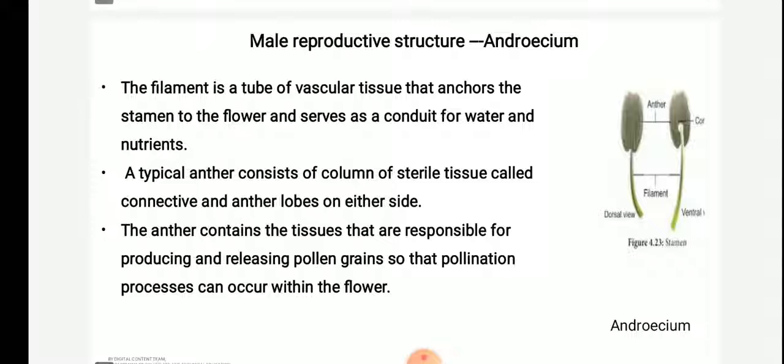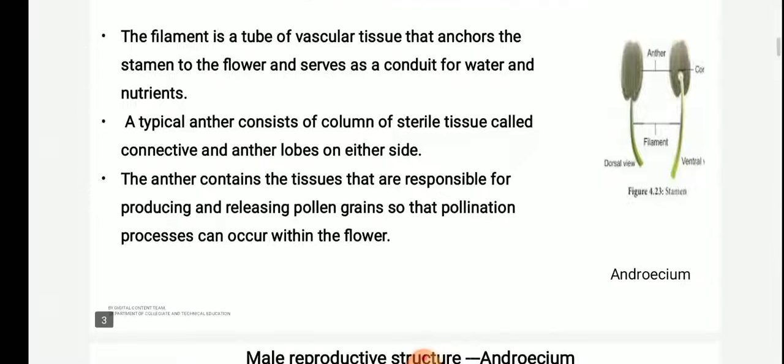Now let us go once again into the structure of the andrecium. The filament is a tube of vascular tissue that anchors the stamen to the flower and serves as a conduit for water and nutrients. A typical anther consists of a column of sterile tissue called connective and anther lobes on either side.